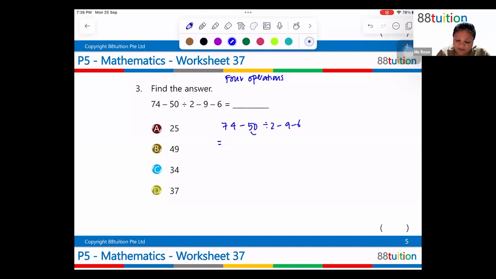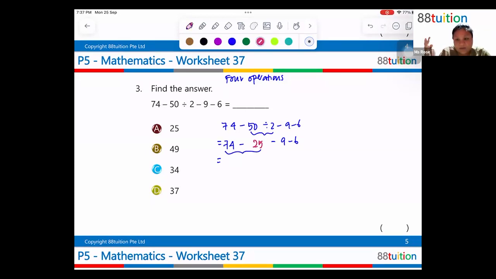Okay, so you have to do the division first. So we copy everything else. The division, 50 divided by 2 is 25. Then everything else I copy down. Now, from here, since you have minus, both are minus, so it doesn't matter, but you have to do it from left to right.